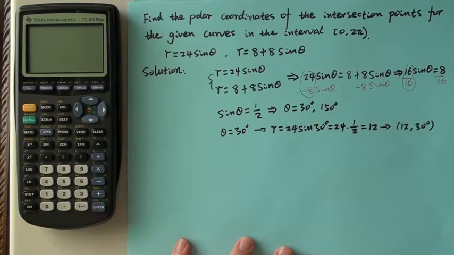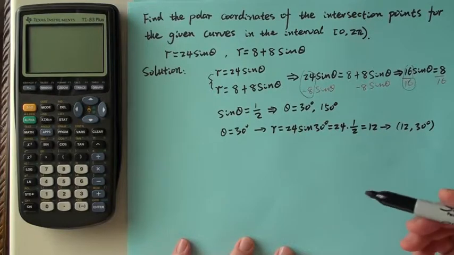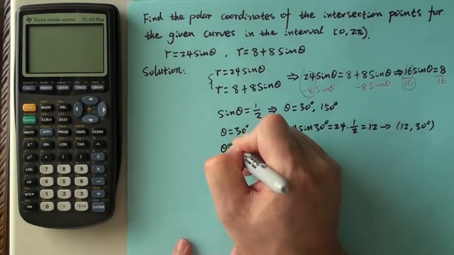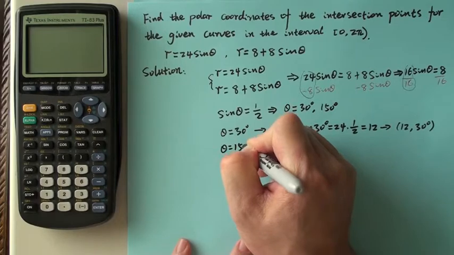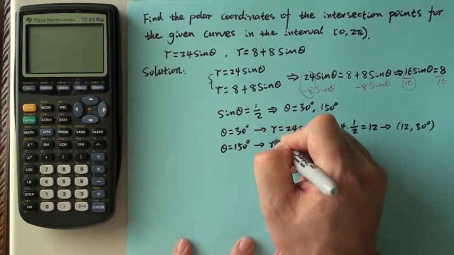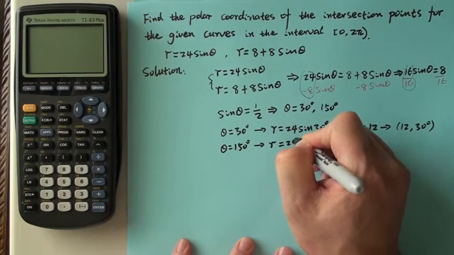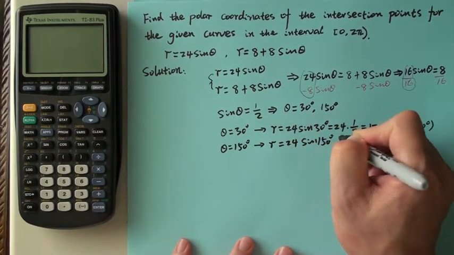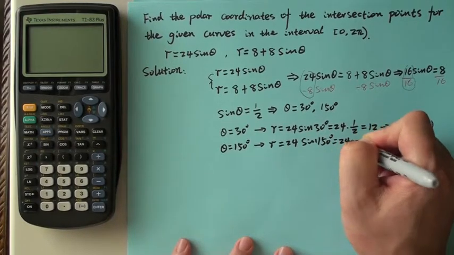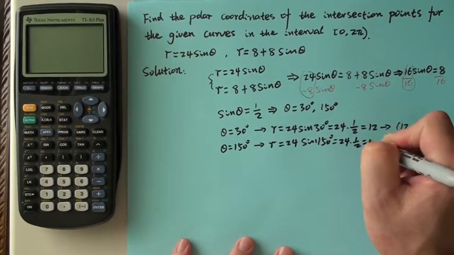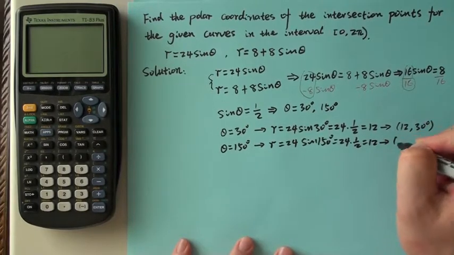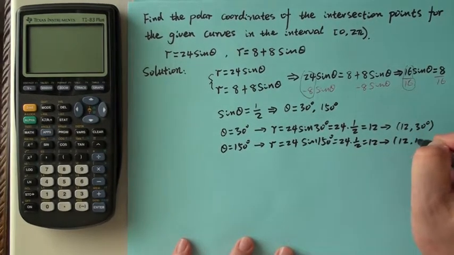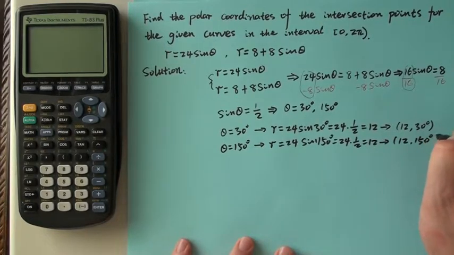So you found one. There is another one. Theta equals 150 degrees, and r equals 24 sine 150 degrees, which is also 24 times 1/2, giving you 12. So you have 12, 150 degrees. Those are two points.